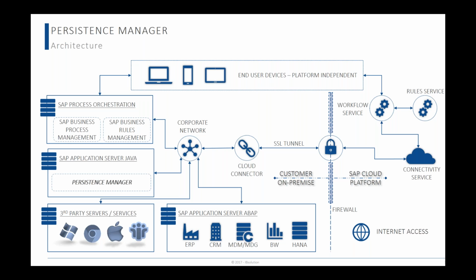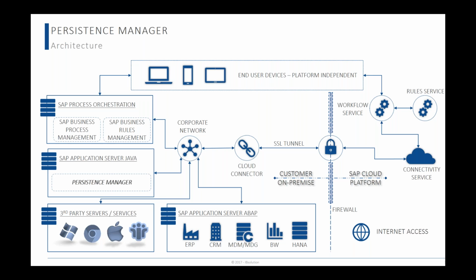However, if you would like to use it in the cloud, obviously those business process management and business rules management components are not needed, since in the cloud there are already two services, of which the rules service is still in beta, but the workflow service is already publicly available, which can be subscribed to.